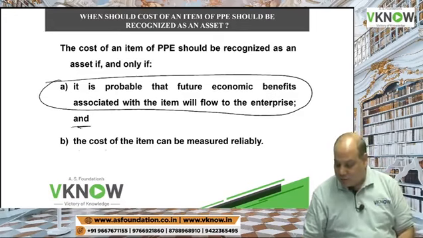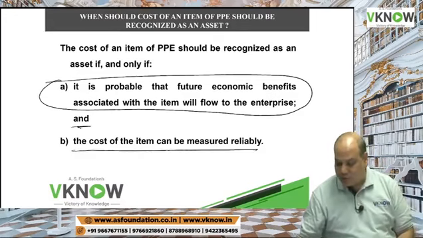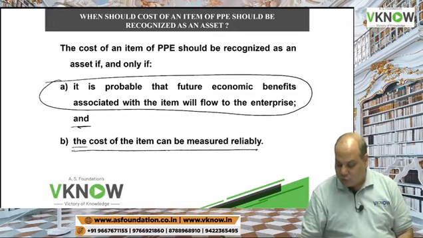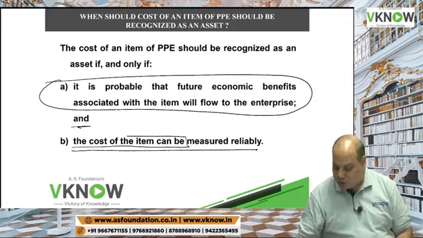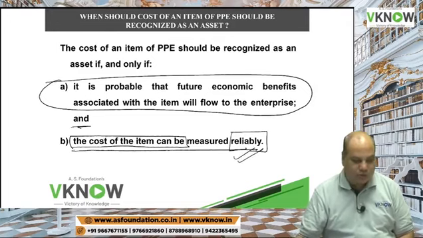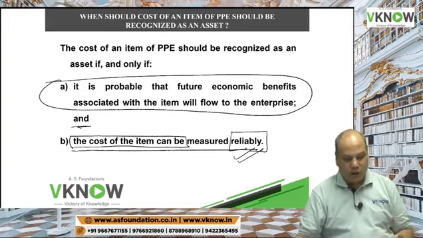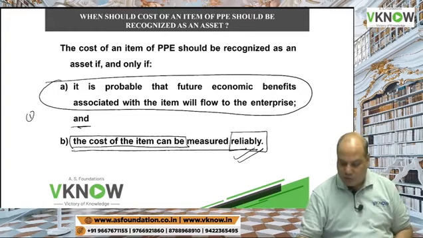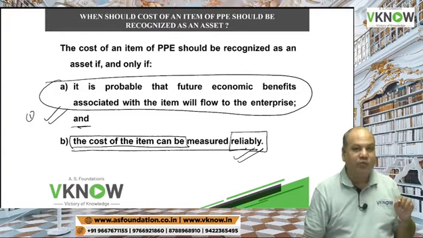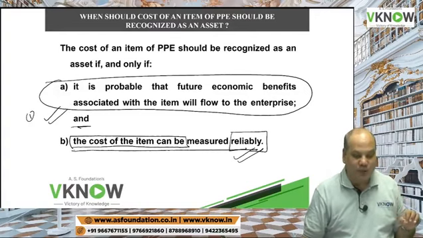And second condition to be satisfied is the cost of that item can be measured reliably. You should be able to measure the cost reliably. So that is easy. That should not be a problem. If you can measure the cost reliably, you can capitalize. So condition number one is sometimes difficult to fulfill, and in that case, we are not going to capitalize that expenditure.